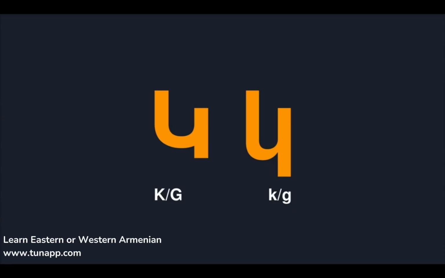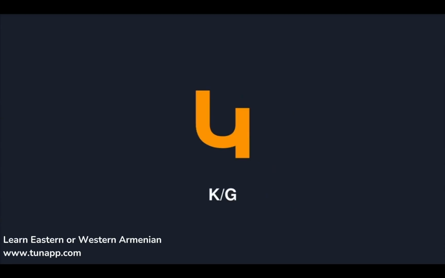Okay, let's practice writing these out. We'll start with the uppercase K or G, and for this one, we'll get you to write it 5 times, but repeating it on your own in your dialect. I won't repeat the sound so I don't confuse you. Let's go, K or G 5 times, while you pronounce it each time. Okay, remembering that the Eastern Armenian pronunciation is on the left and the Western Armenian pronunciation is on the right.